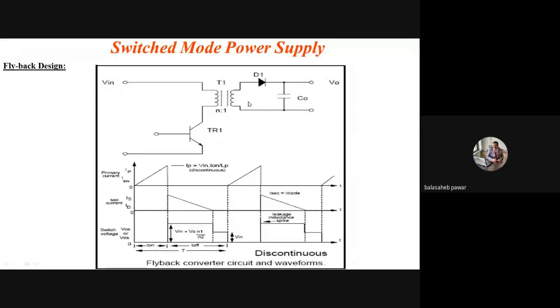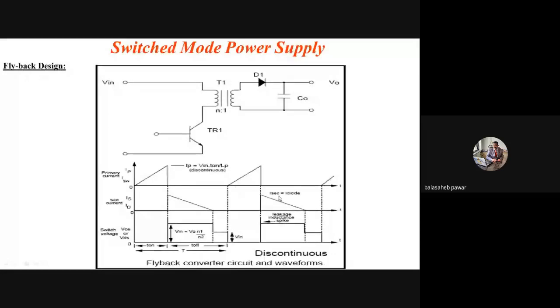Initially it will be very large, and later on it dissipates. That stored energy gets dissipated by the secondary of the high frequency transformer, and hence the dissipating current is shown like this. Again, it will not immediately be zero, because of L di/dt of the secondary winding, and later on it gets repeated.